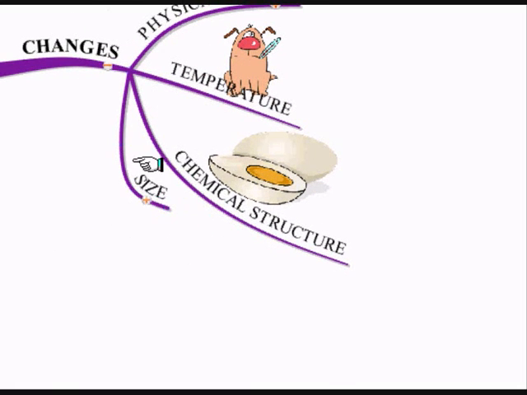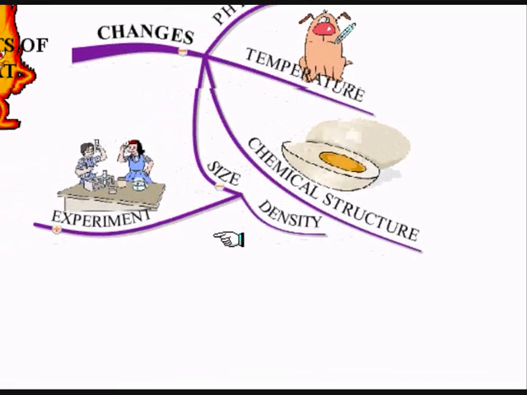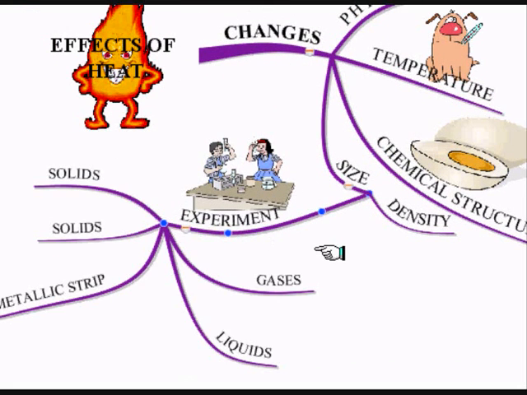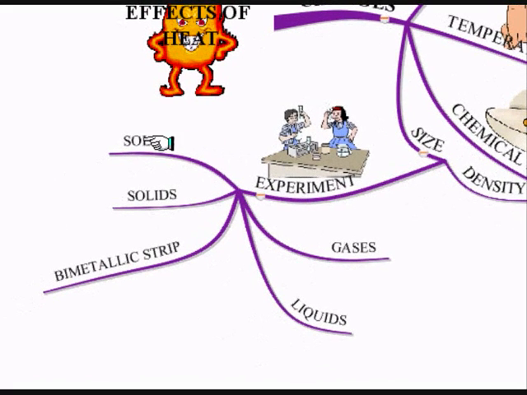Then to demonstrate that the size of substances increases on heating, you will learn to do many experiments, actually 5 experiments. In the first two experiments, we will demonstrate how solids expand or contract on heating or cooling. In the third experiment, you will come to know that different substances expand at different rates. Using a bimetallic strip, you will prove that.